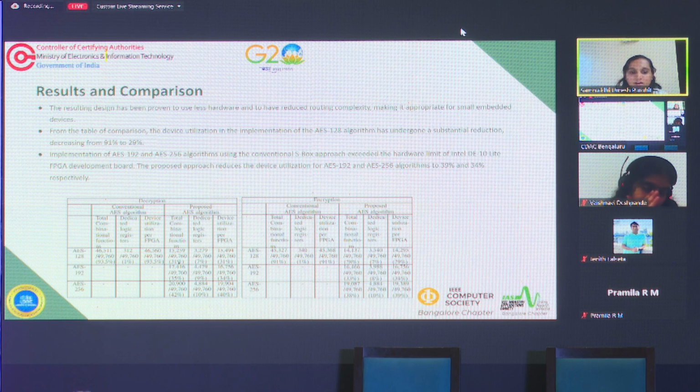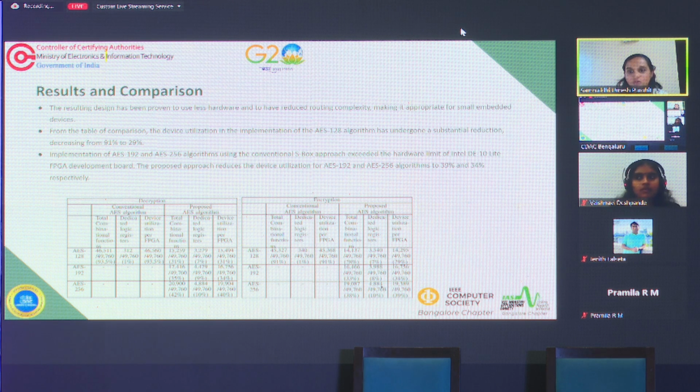When we implemented the proposed AES algorithm with LFSR and key expansion, for AES 128 decryption the device utilization reduced from 93.5% to 31%. Same for encryption, it reduced from 91% to 29%. In AES 192, 34% was the device utilization with the proposed algorithm, for encryption also 34%, and for AES 256 the decryption took 40% and encryption took 39%.